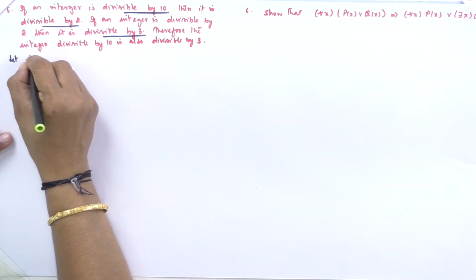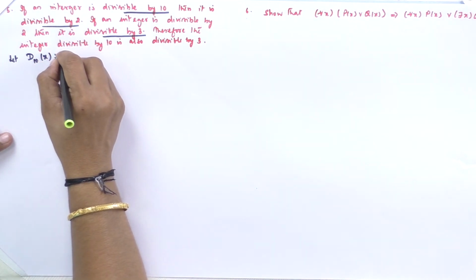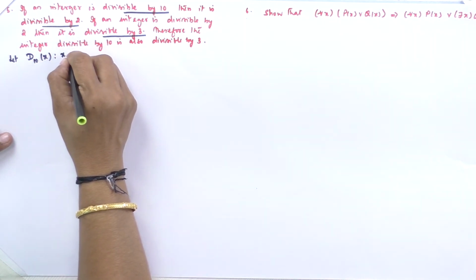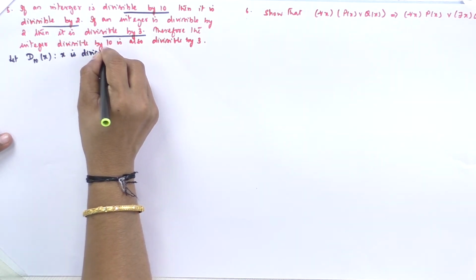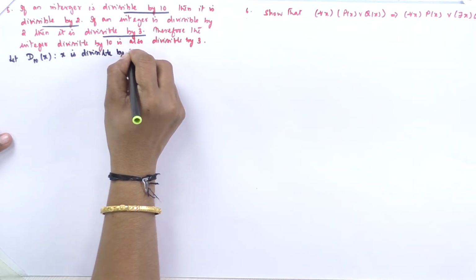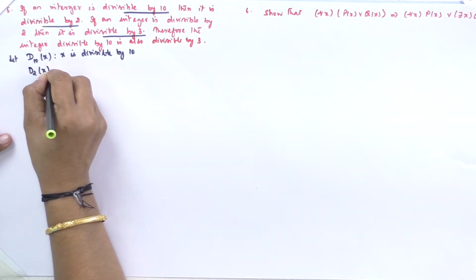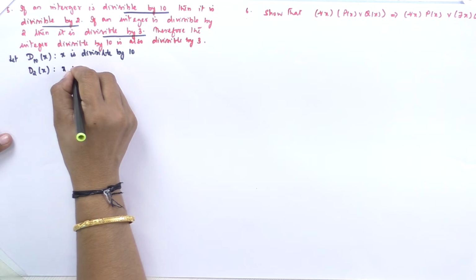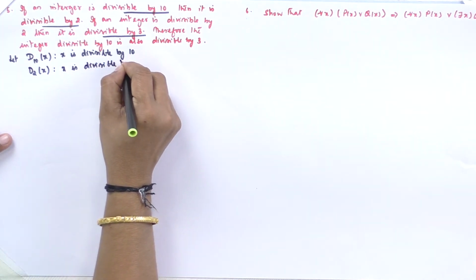So let D10 of x mean that x is an integer which is divisible by 10. D2 of x means that x is divisible by 2.